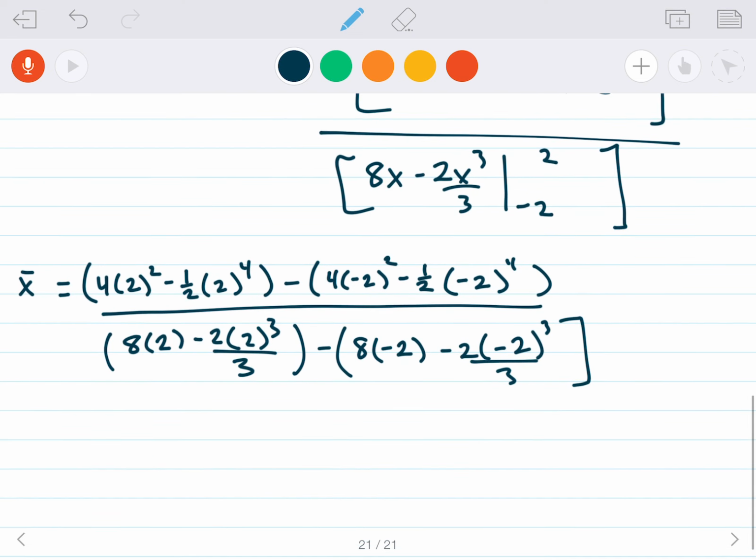Okay, so let's clean up this mess. On top, it looks like I have 8 minus 1/2 times 16, which is 8. So that's 0, right? Yeah.